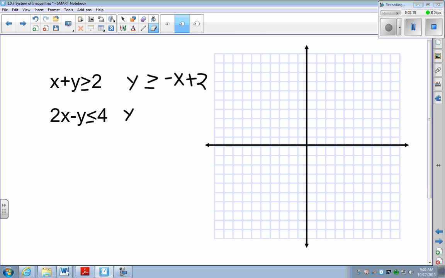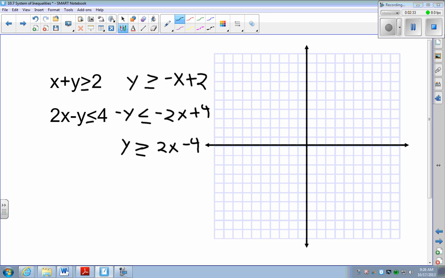If I do this, this one's going to be a little different. Now we're dividing by a -1, right? So our sign is going to flip. Notice what I did here. Divided by -1, and our sign flipped.